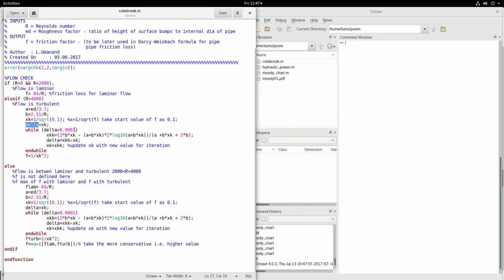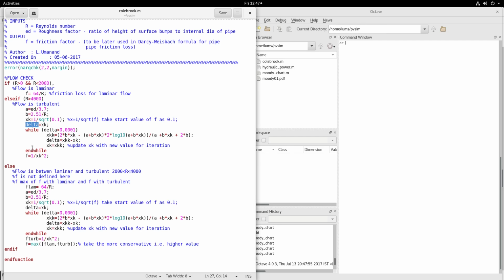Once delta has become less than this value, it comes out of the end while, and the friction factor is 1 by xk square. So this is the friction factor. For turbulent flow we apply this Colebrook iterative relationship.